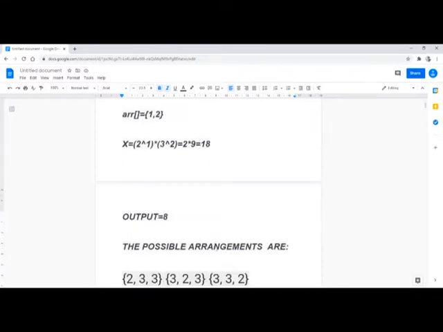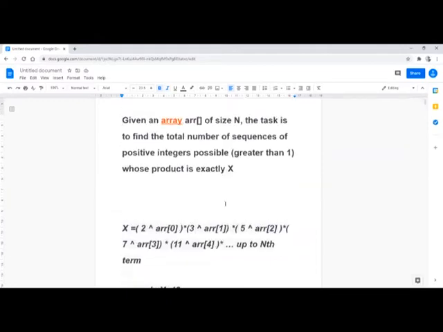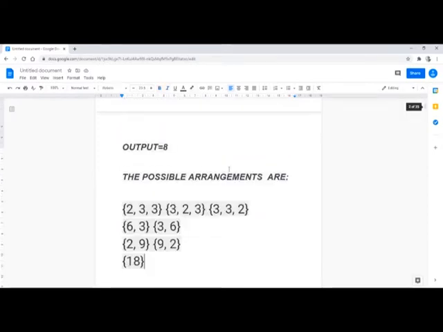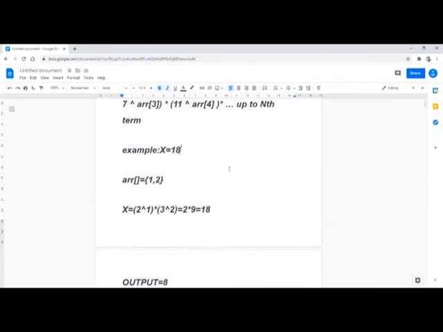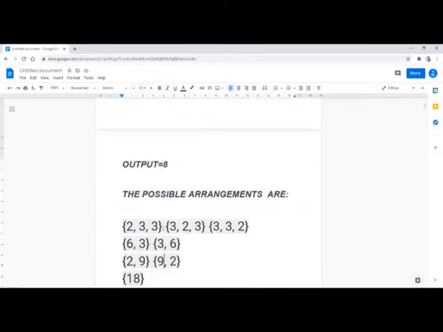So the question here is asking us for the total number of sequences, the total number of arrangements of the factorization of the number x. So when you factorize 18, the total number of arrangements that are possible is 8.